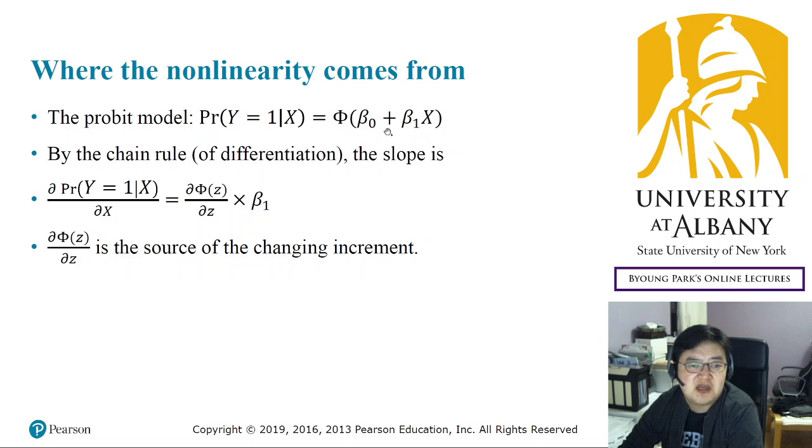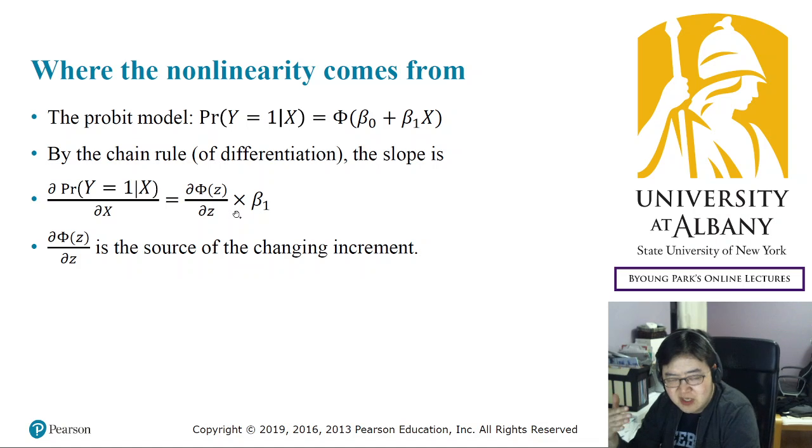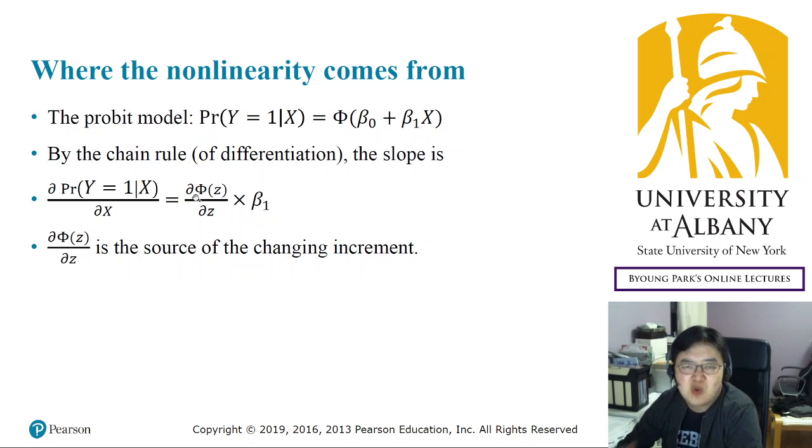If you differentiate this nonlinear model, then by the chain rule, you get this. Beta 1 is the effect of the regressor on the z value. So if your income increases, you will get a lower grade in the first step, and in the second step, a lower grade decreases your probability of denial.